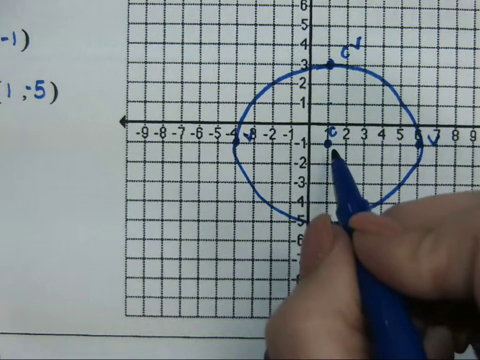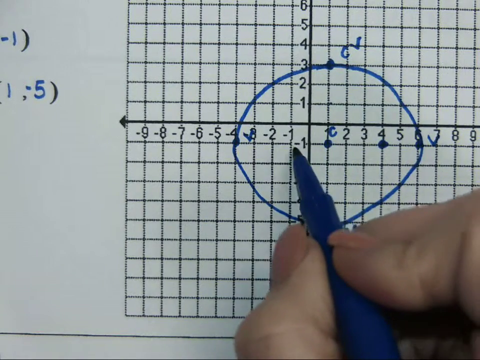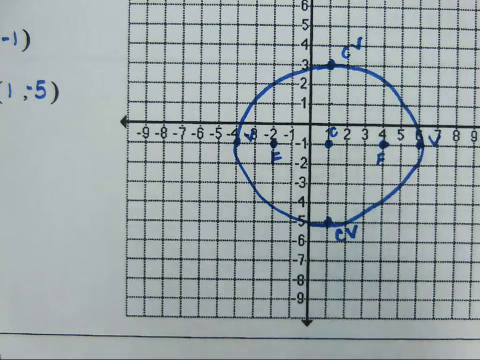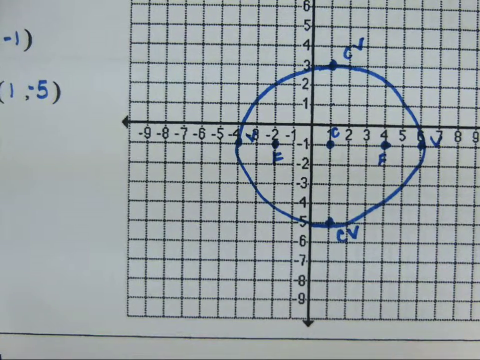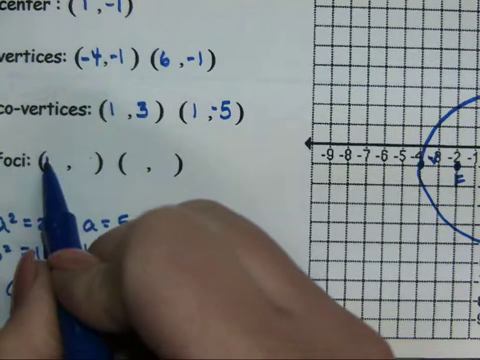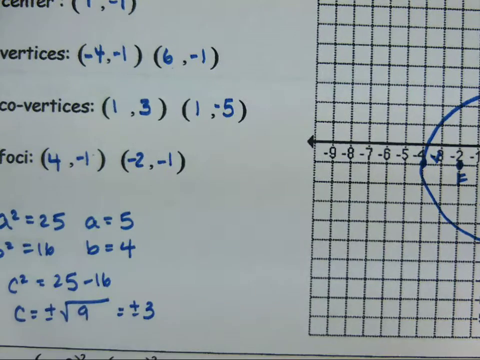So go out 3: 1, 2, 3. And go out 3: 1, 2, 3. And that's my foci. And I can label those coordinates as well. So one of my foci is at the coordinate (4, negative 1), and the other is at (negative 2, negative 1).